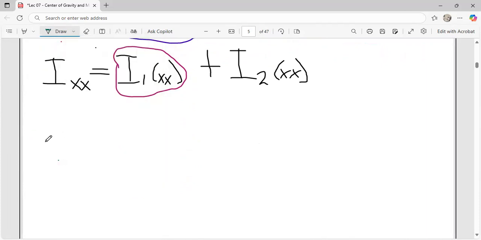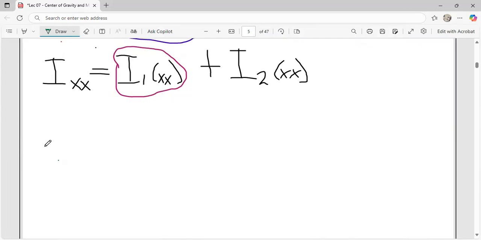So this implies that our XX, this first one that I have underlined, is the part one. The one denotes the part one. So this is part one, this is part one, this is part two.